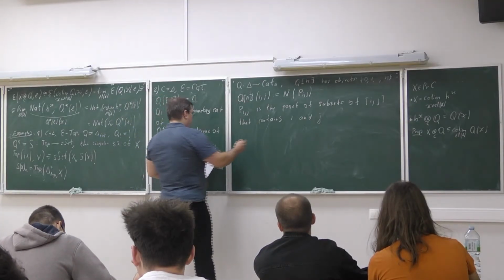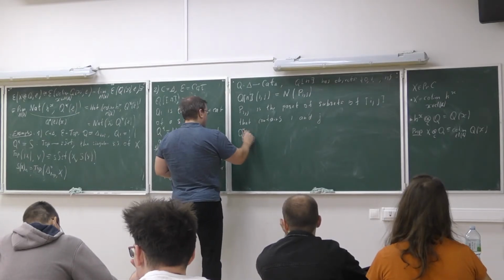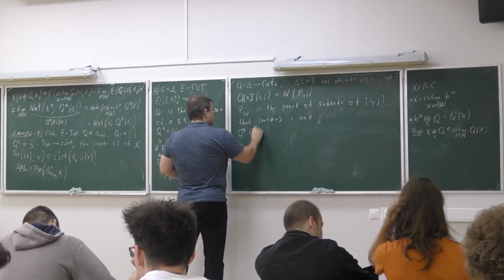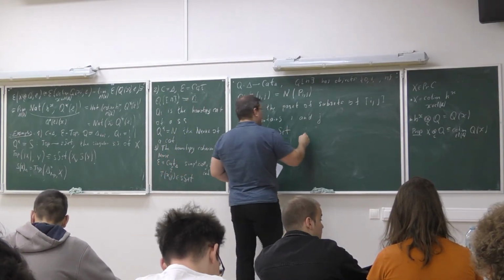So in this case, Q upper star from the simplicially enriched categories to the simplicial sets, this is called the homotopy coherent nerve.